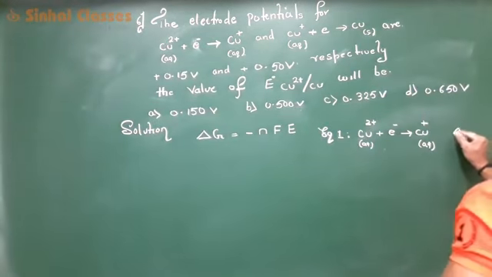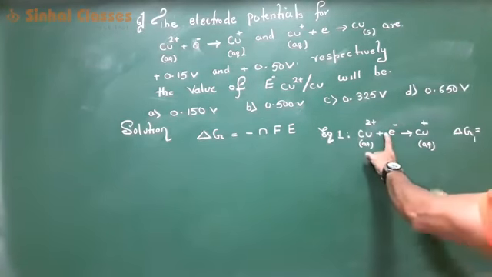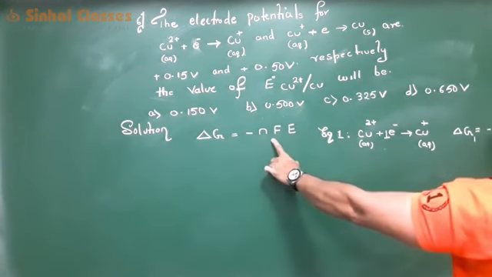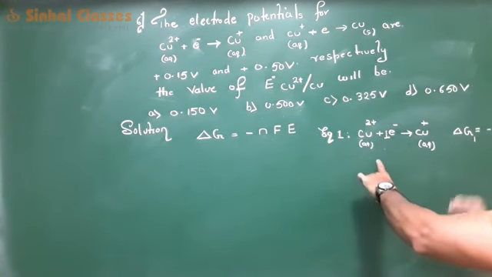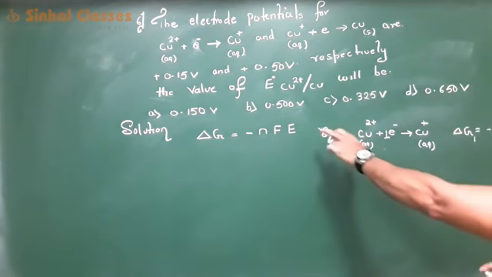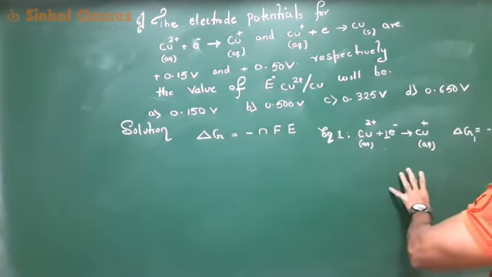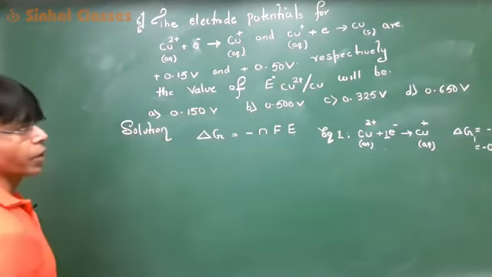So delta G1 for this equation will be, n value is 1, so it is minus 1 into Faraday into the value of E, which is given as 0.15. So ultimately this is minus 0.15 F. This is for the first equation.